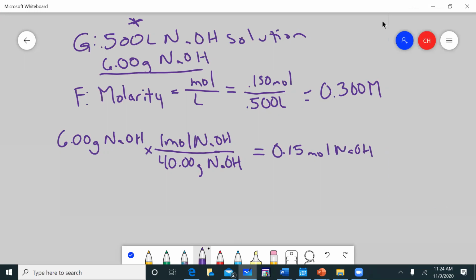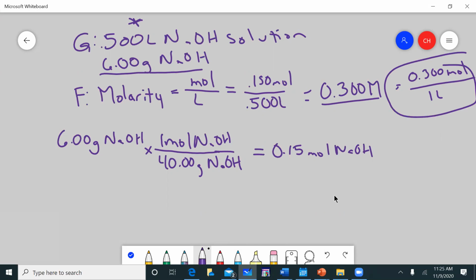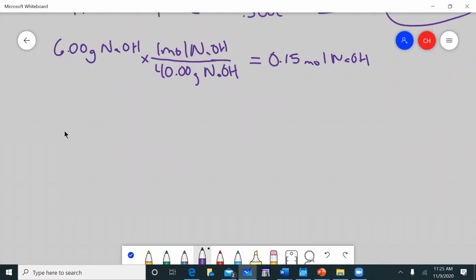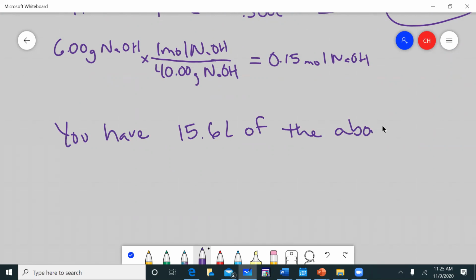Another way to write this, let's say we were to solve for another problem. Another way to write this is to say I have 0.300 moles for every 1 liter. Why don't we use that? Let's tag on: you have 15.6 liters of the above solution.